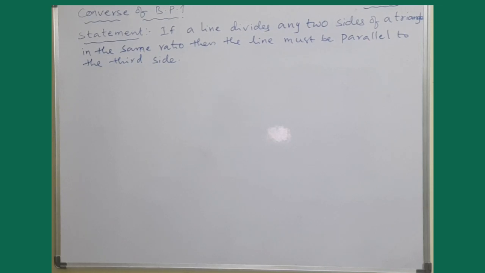But now coming to the converse, it's just like the reverse of the statement. If a line divides the other two sides in the same ratio, then the line must be parallel to the third side.